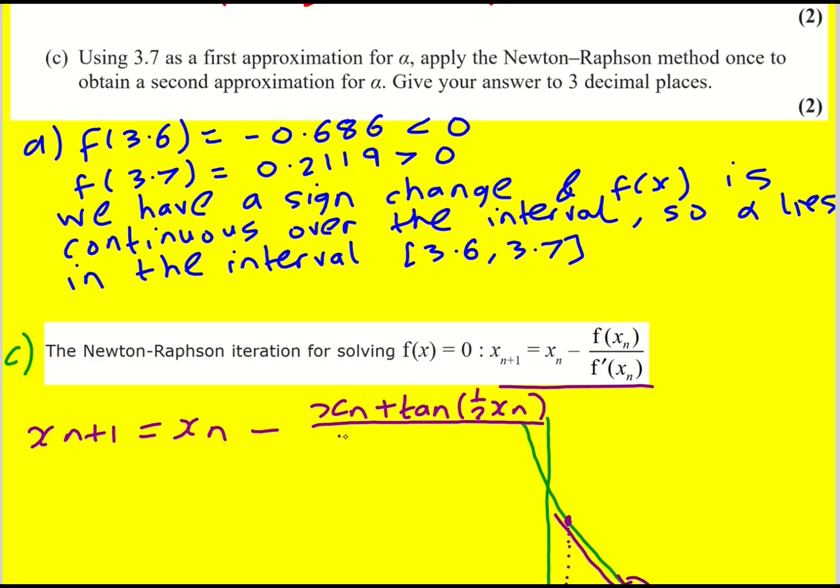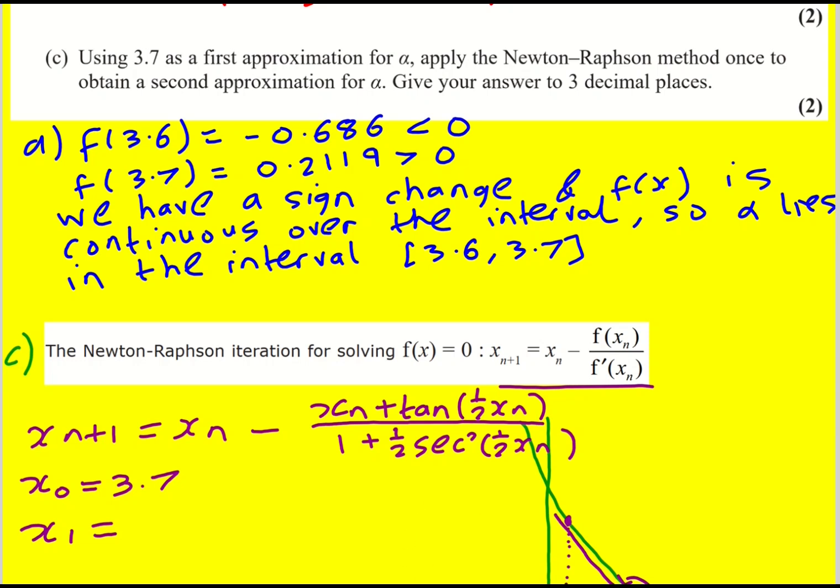And then the derivative that I just found was 1 plus a half sec squared a half x n. We've got x0 equal to 3.7. That's my starting guess. And we're just asked to apply it once.